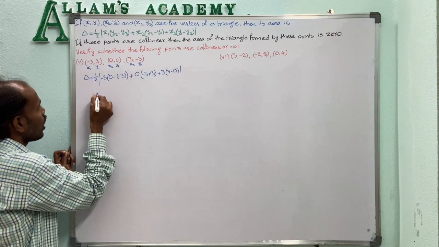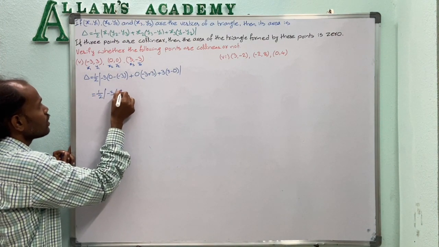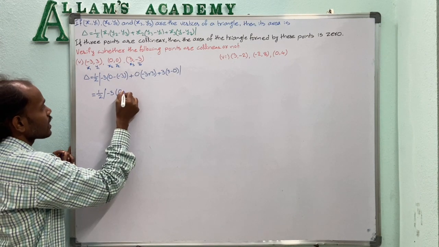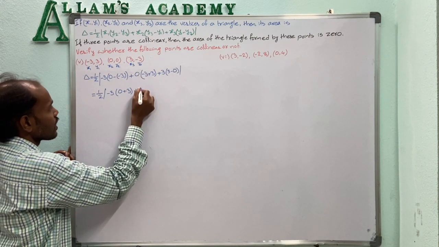That equals half mod minus 3 into minus of minus 3, that is plus 3, 0, plus 3 into minus 3 plus 3 is equal to 0.